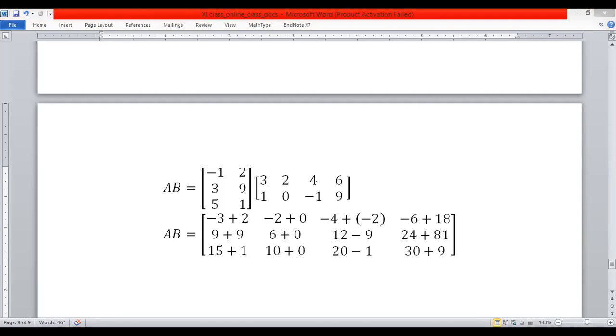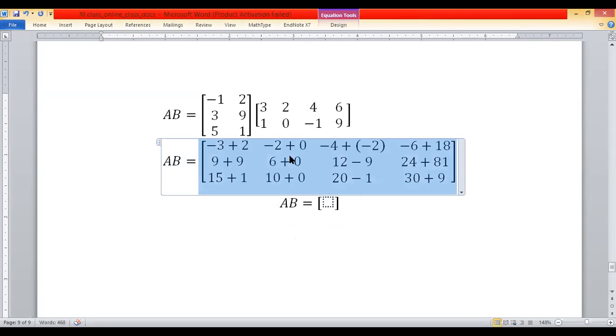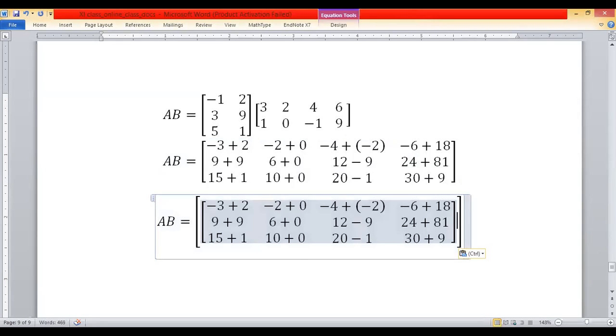So further, the simplification of AB. Minus 3 plus 2 is minus 1.